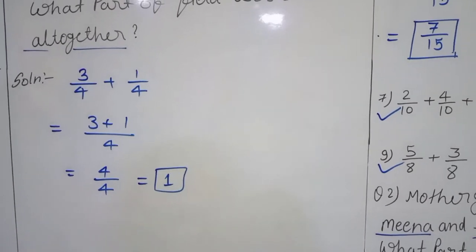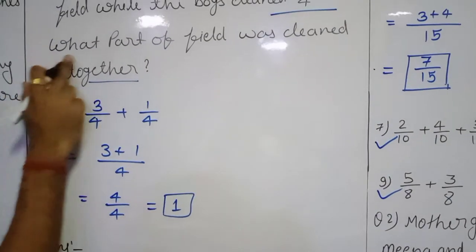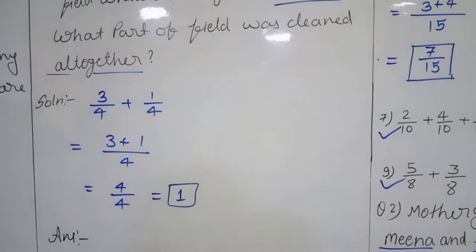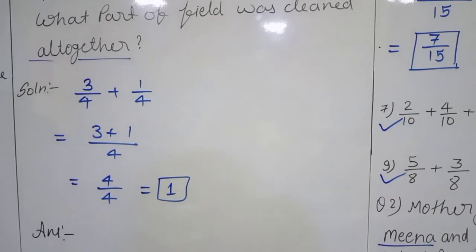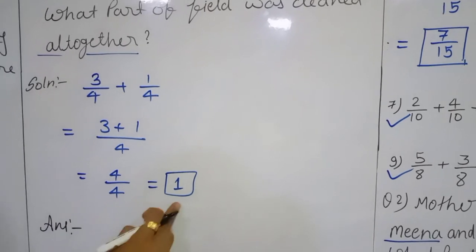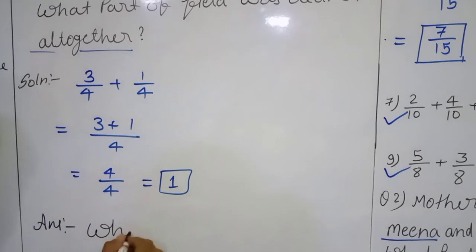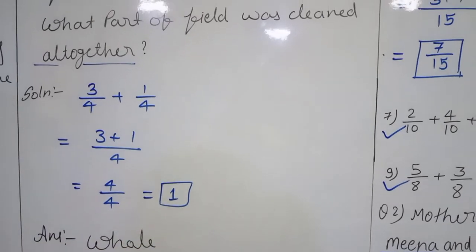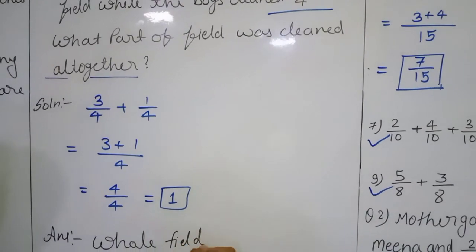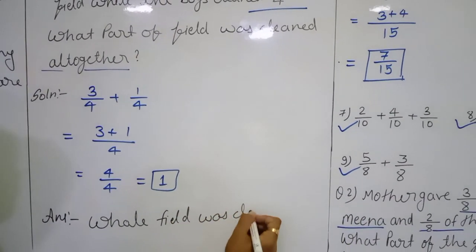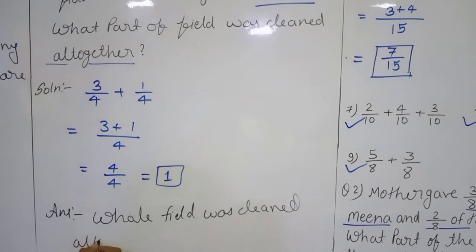Now we have to conclude our answer in the form they are asking. What part of the field was cleaned altogether? We have to write how much they cleaned altogether. Here 1 means the whole ground, the whole field. So the whole field was cleaned altogether.